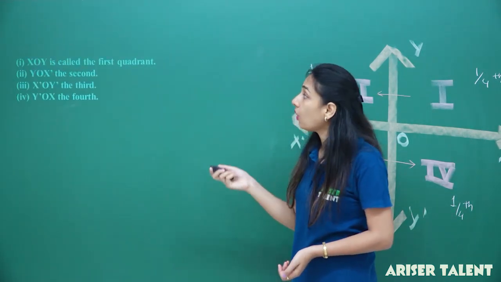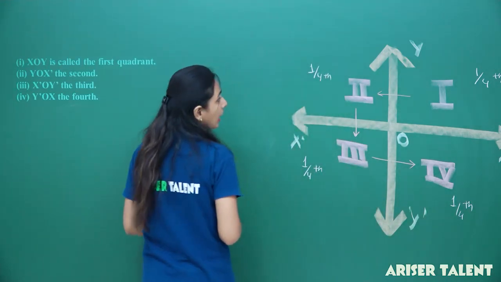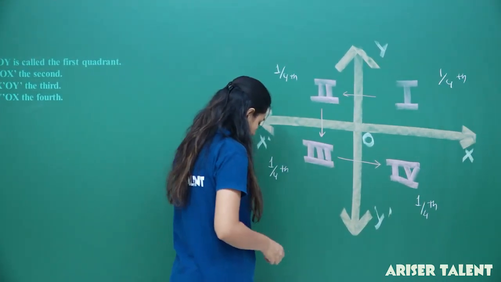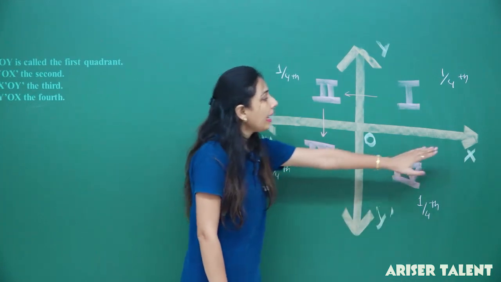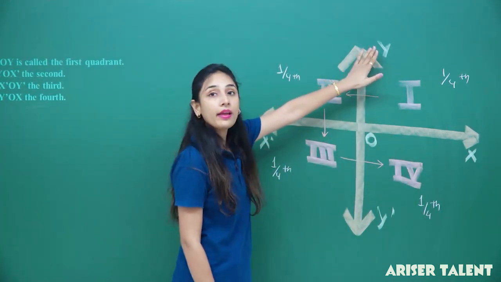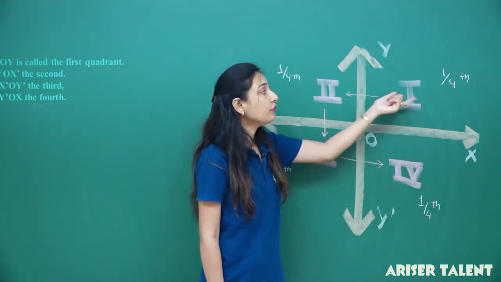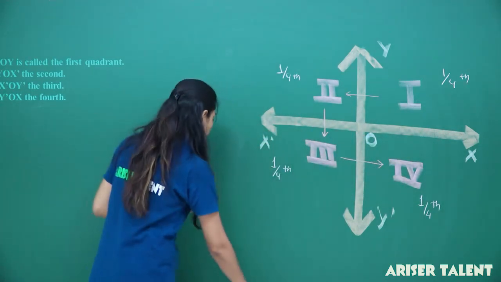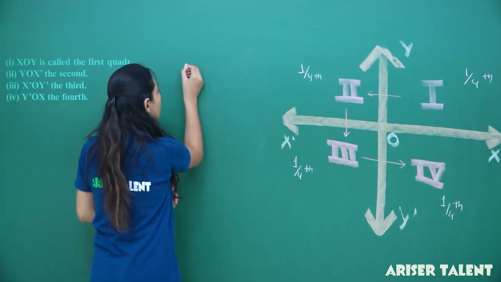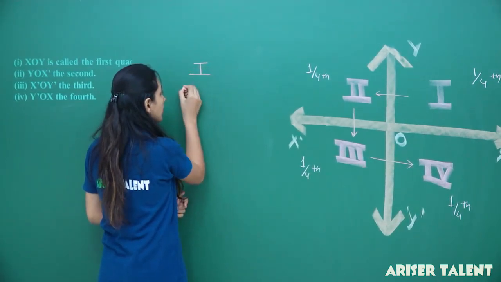Now x, O, y. I have told you x O y, or y O x, is the first quadrant. So can I write here first quadrant?